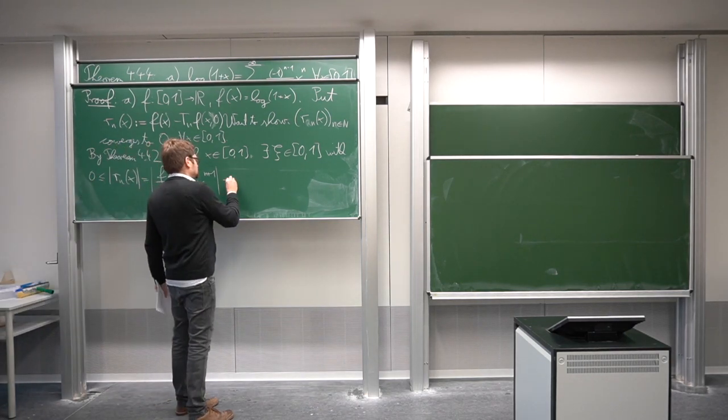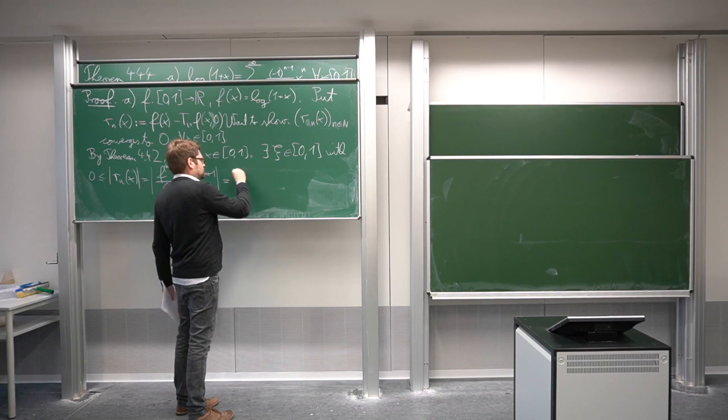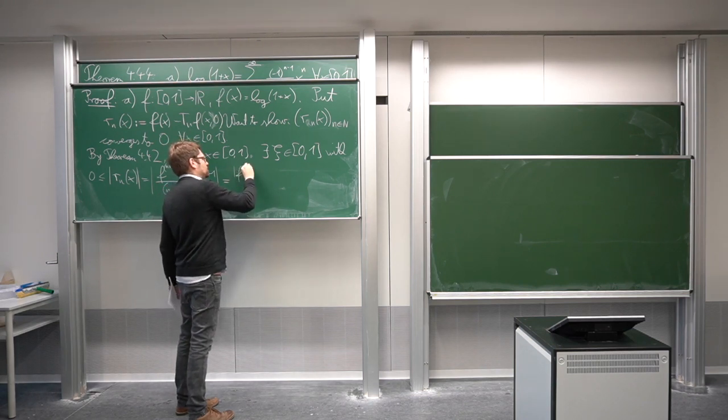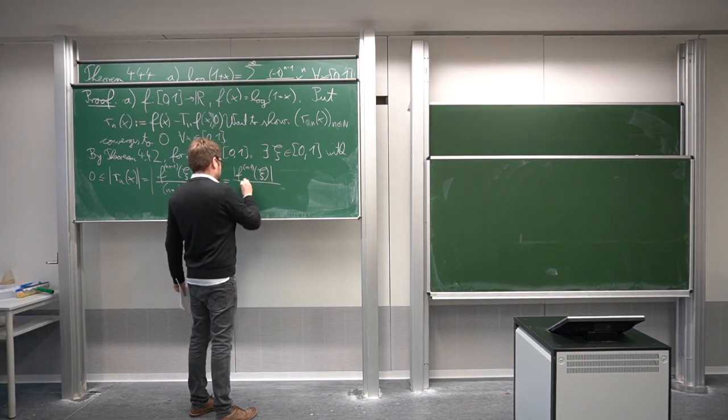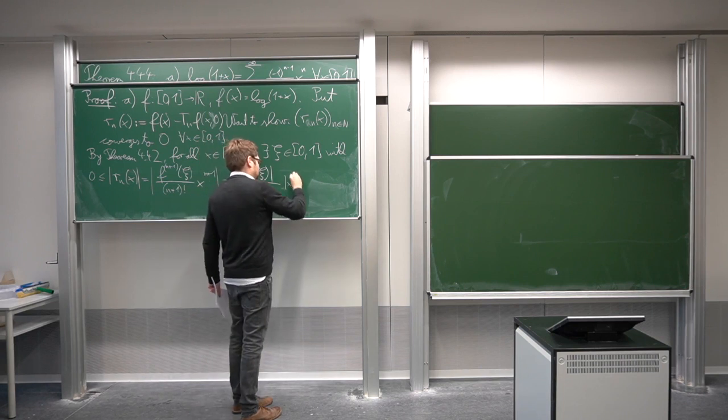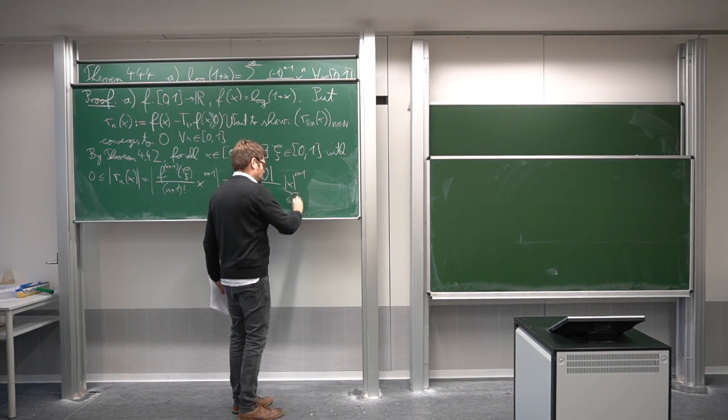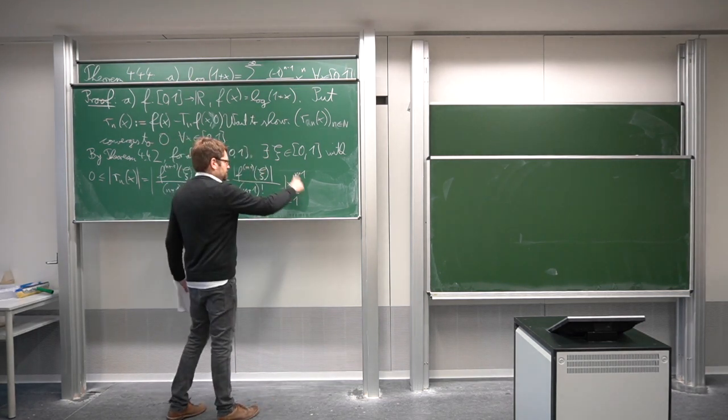Now, this is first of all just by using the standard computational rules for the absolute value. The absolute value of this here divided by n plus 1 factorial, and now x to the n plus 1. And since the absolute value of x is smaller than 1, we can just estimate this from above by 1.